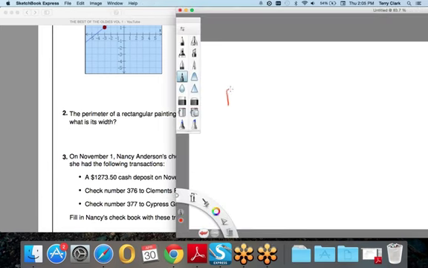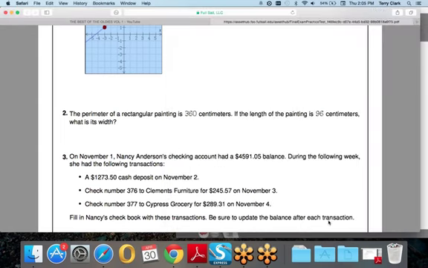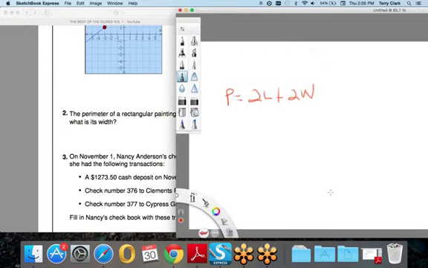So we're going to say the perimeter of a rectangle equals 2L plus 2W. So that is the formula. Now we've been given some stuff already. We've been given the perimeter is 360.